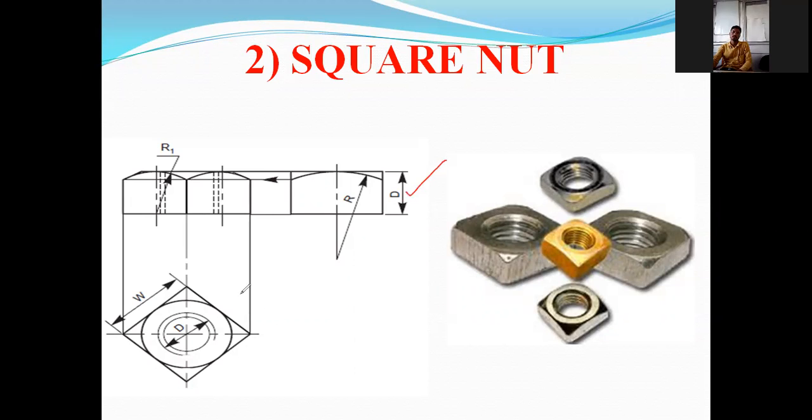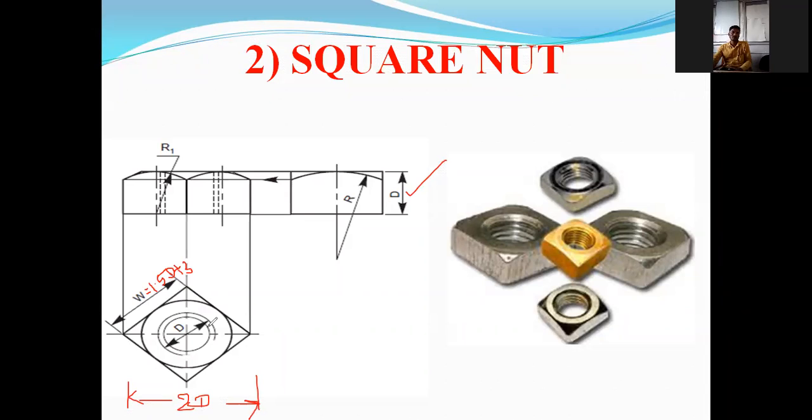Then similarly, width across corner and width across flat. Again, these are two similar terms. So it should be d. And here width across flat is 1.5 d plus 3. Nothing changed, same. Only what is the difference between square nut and hexagonal nut?